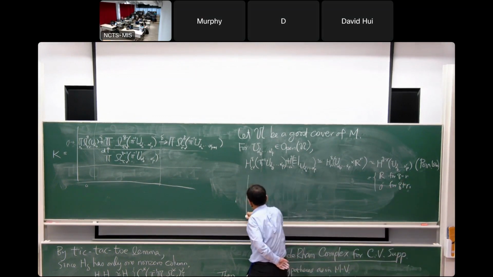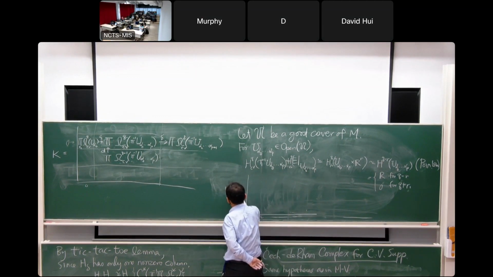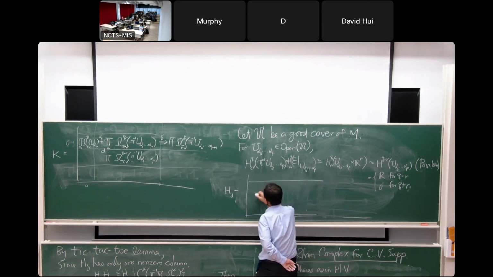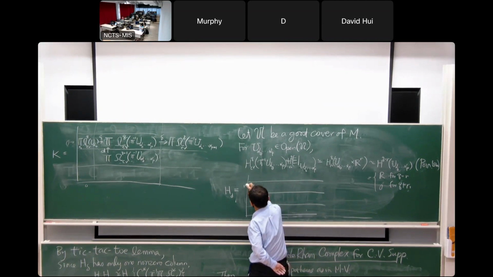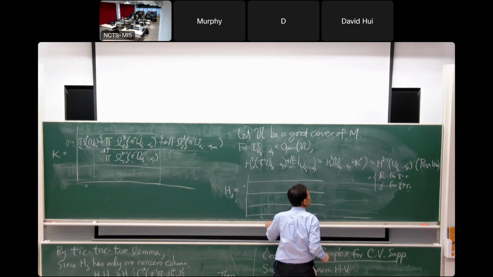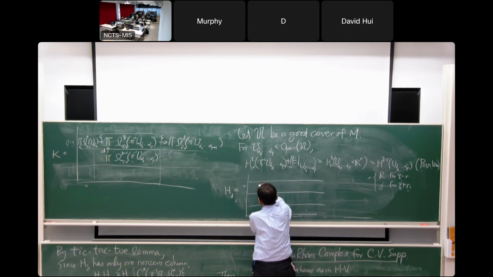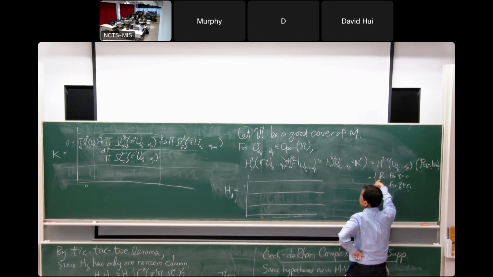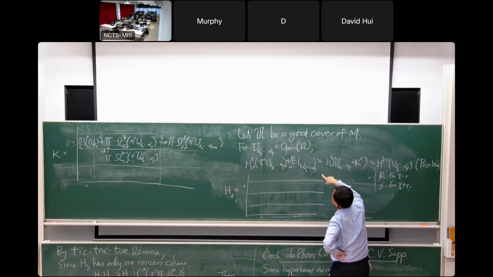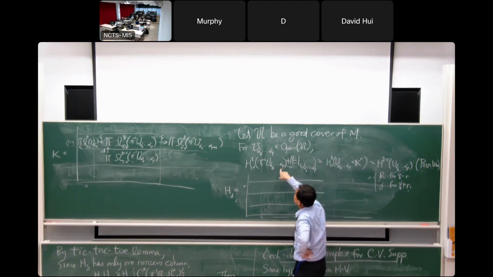So if you take H_D, you get only one non-zero row, okay? That's when q is equal to r. Yeah, when q is equal to r, let me see. So you just get R, but it represents this, right?